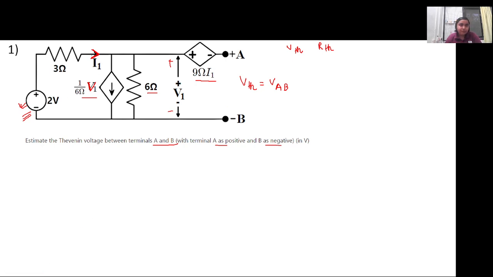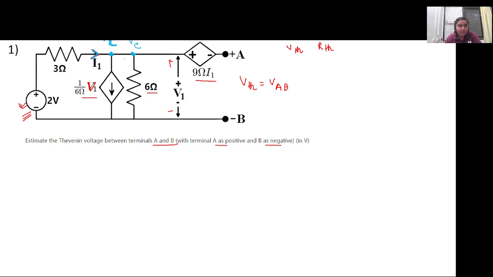So this I1 current is flowing in this branch. So if I apply KCL, let's say this is point C. This node and this node are exactly the same because there is no element connected across it. So this is basically a super node. So the voltage across this, VC, will be the same.